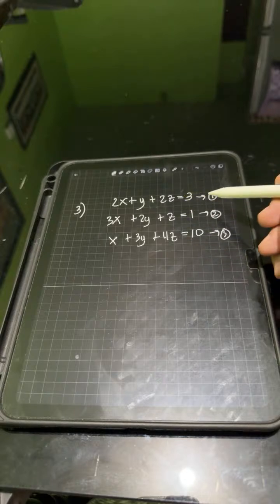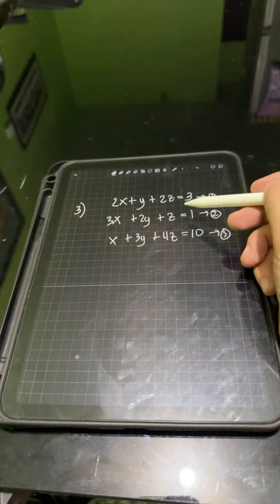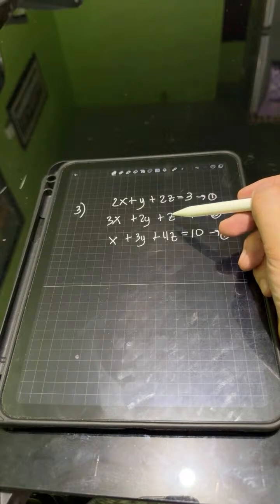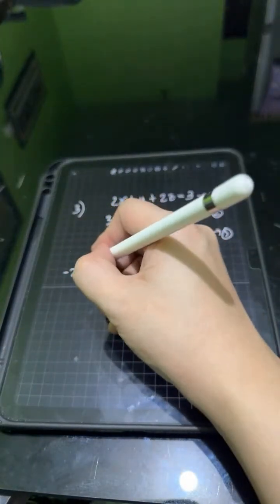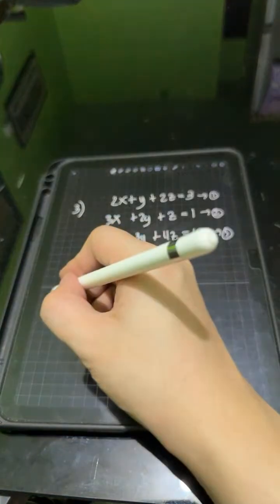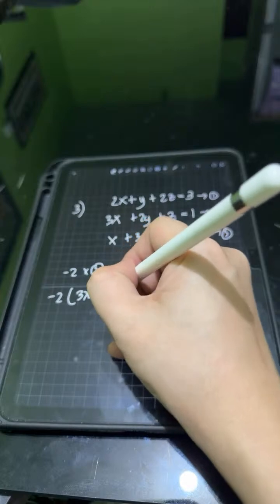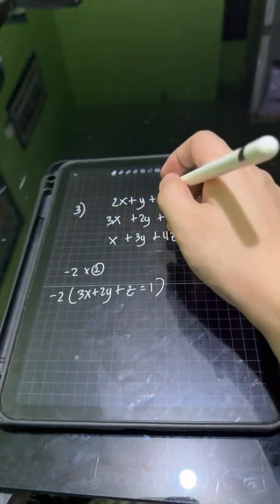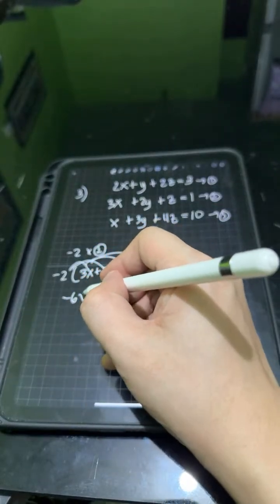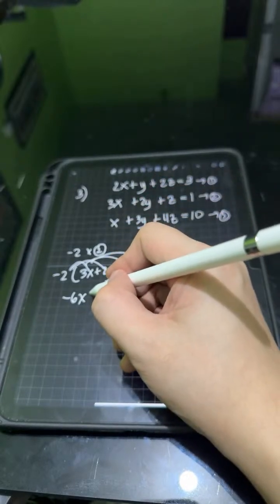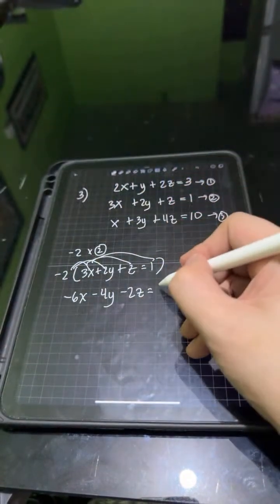If I multiply equation 2 by negative 2, the coefficients of z become additive inverses. So multiply both sides of equation 2, 3x plus 2y plus z equals 1, by negative 2. Distribute the negative 2: negative 2 times 3x is negative 6x, negative 2 times 2y is negative 4y, negative 2 times z is negative 2z, equals negative 2 times 1, which is negative 2.